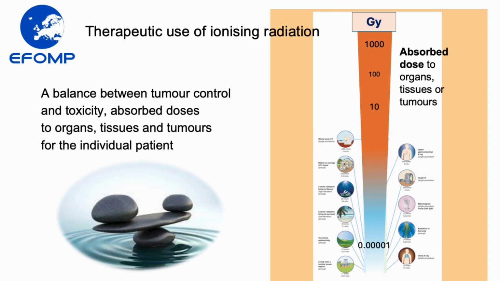If you look at the whole scale, it's several orders of magnitude. And the reason we are looking at absorbed doses to the individual and to individual tissues is that we aim to achieve a balance between tumor control and toxicity for the individual patient.